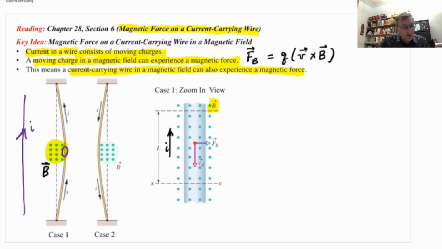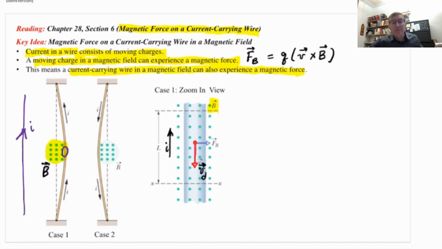And that's conventional current, positive charge. So that means if our conductor is, say, copper, then the charge carriers there are electrons. And so they must have a drift velocity, v_d, opposite to I. So you can see they've labeled that. The drift velocity of one of the conduction electrons is downward.